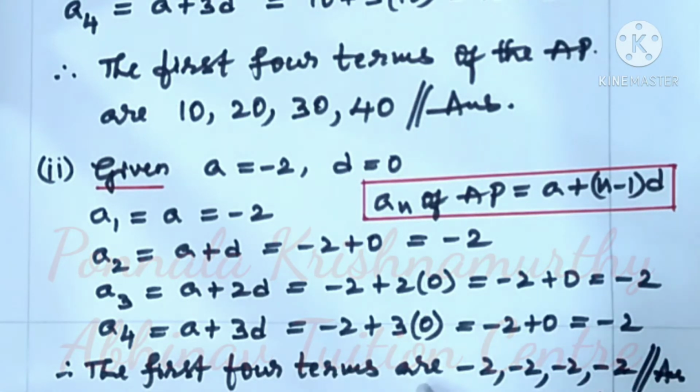Therefore, the first four terms are minus 2, minus 2, minus 2, minus 2. Answer.